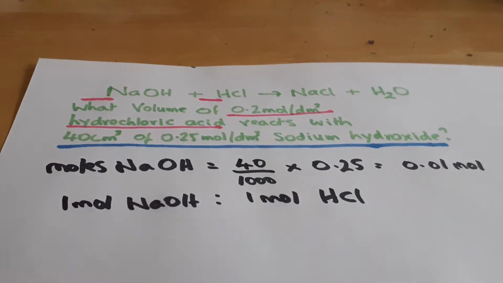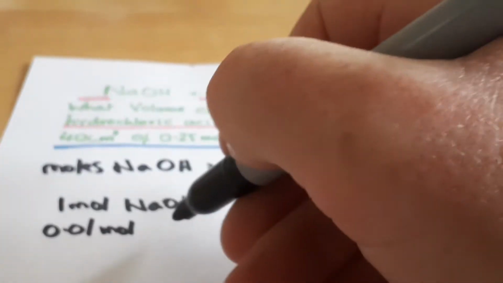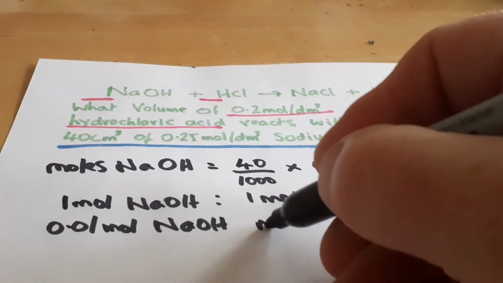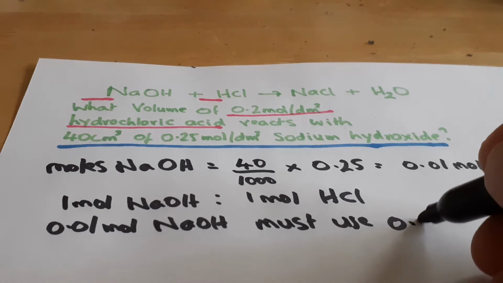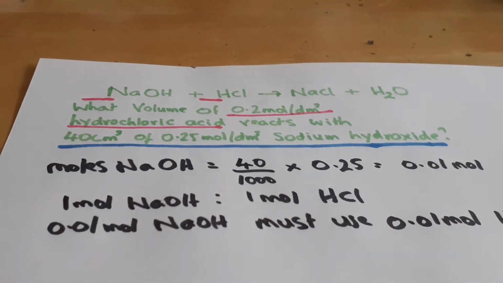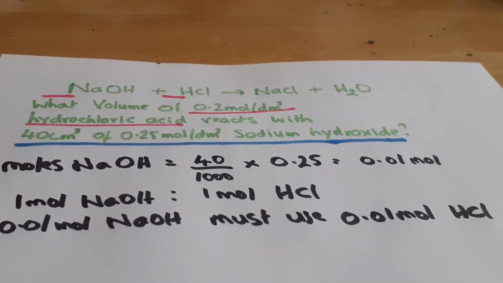Now, we've worked out we've got 0.01 mole of sodium hydroxide, so we must use 0.01 mole of HCl. And now we're literally there.